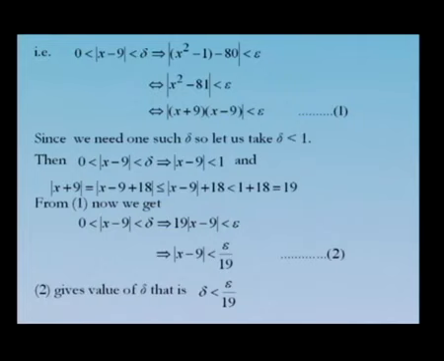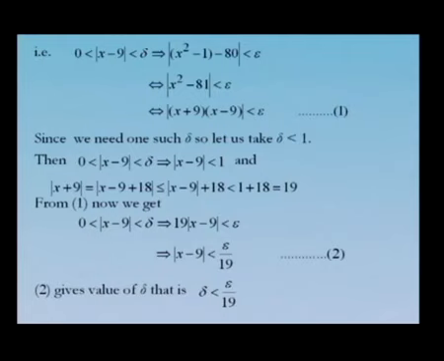So from statement 1, we get 0 < |x − 9| < δ implies 19|x − 9| < ε, which further implies |x − 9| < ε/19.